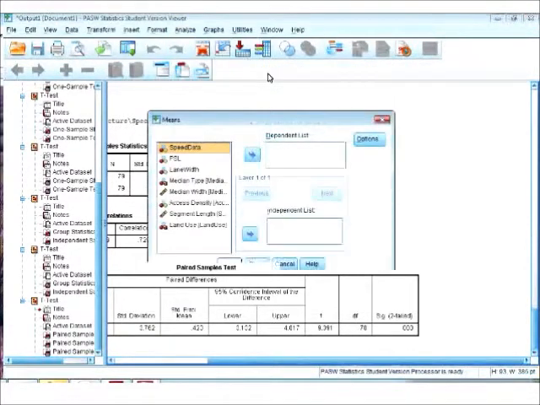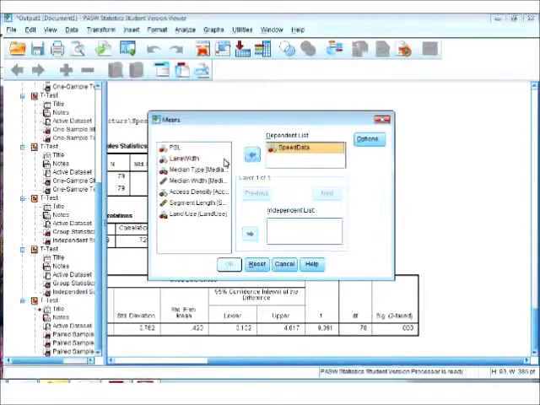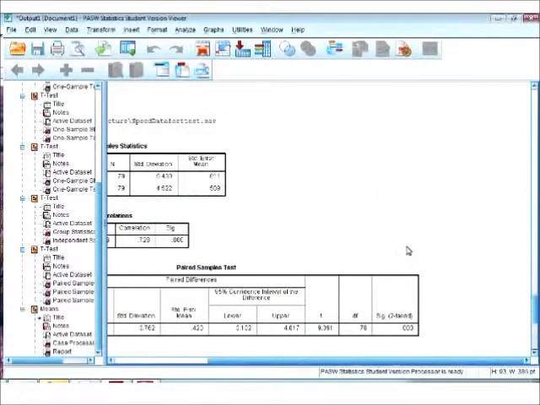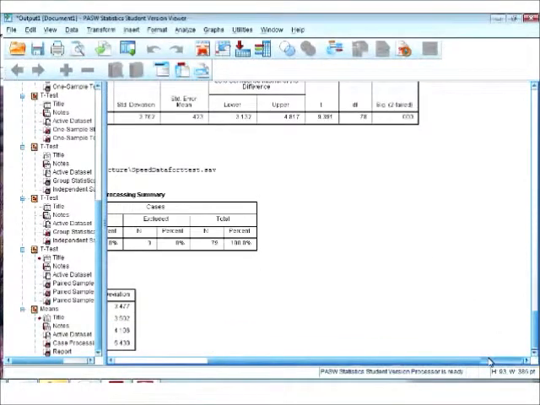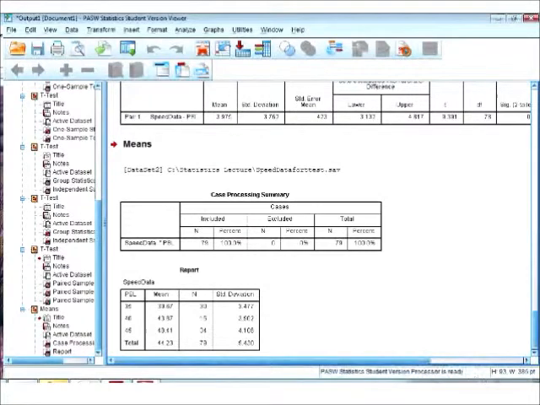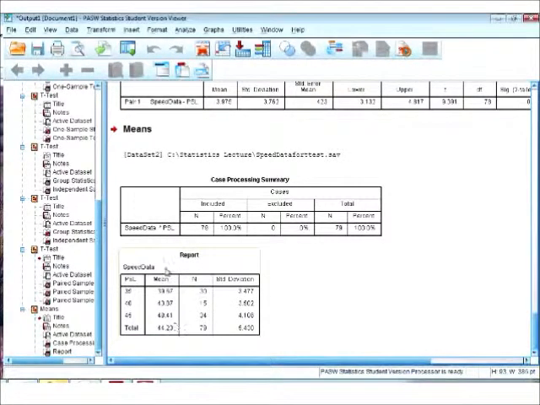The compare means, let's see what it does. The dependent list is, and the independent list is, let's say, posted speed limit. Let's see what happens here. What it does is it just gives us a chart here with the mean value.